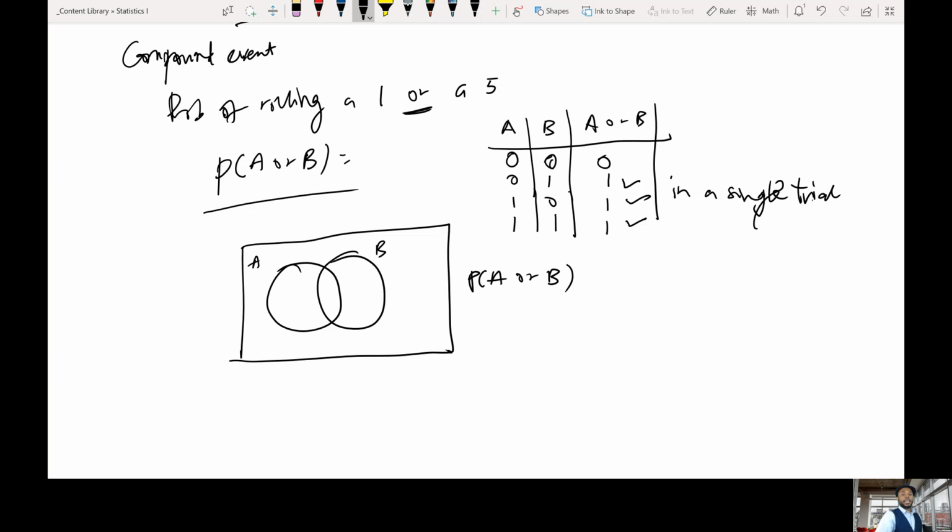A or B can be seen as the union of A and B. We can write this as A union B in set notation.